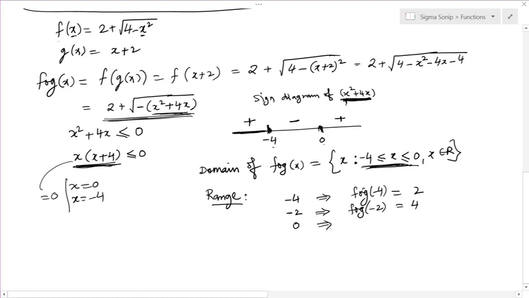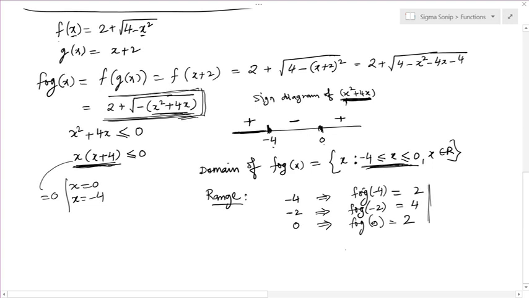And 0 again will be similar to -4, because we already saw that here, so that will become 2. I'm not going into much detail on how to calculate these things, but they're pretty straightforward. Just put the value of x in this expression here.